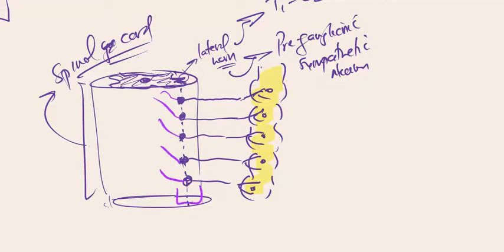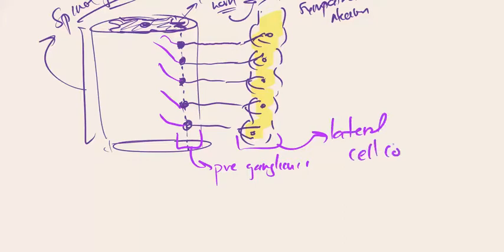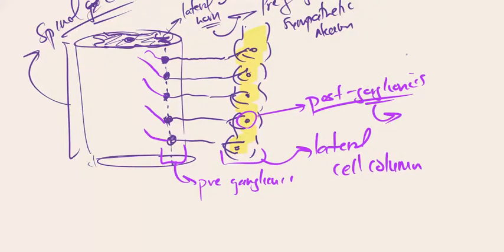Okay, so these guys are the preganglionics. And this is your lateral cell column, right? These are your postganglionics, sympathetic, not parasympathetic.